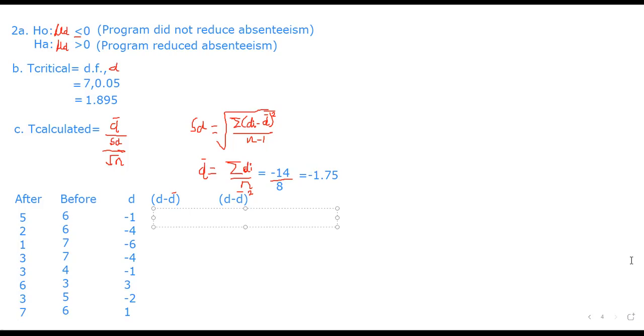You get 0.75. Square it, you get 0.5625. Next, move to the third one.